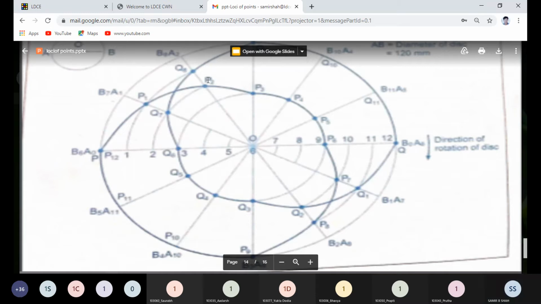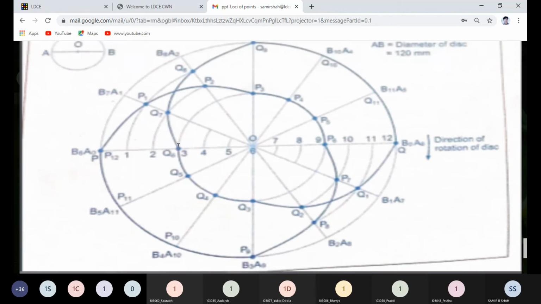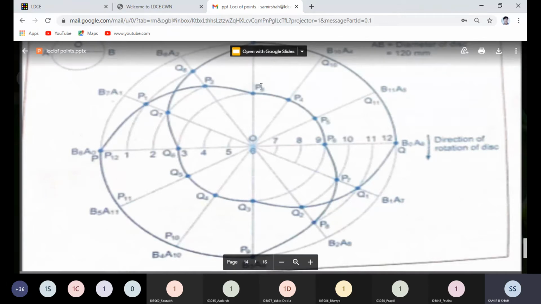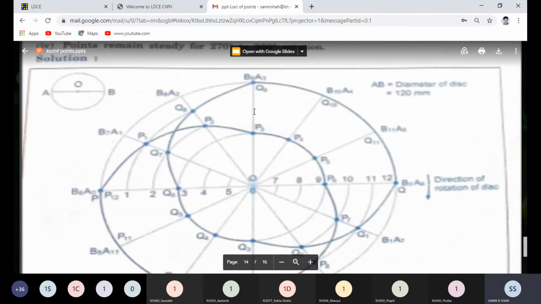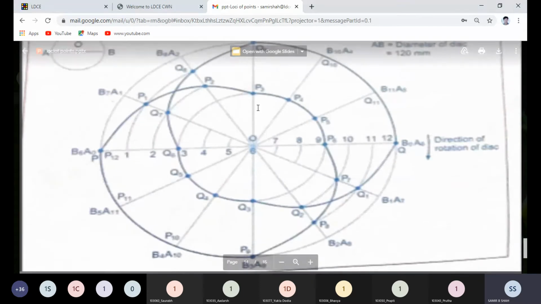Now P3. O3 is the radius, and arc up to A3, B3, right?